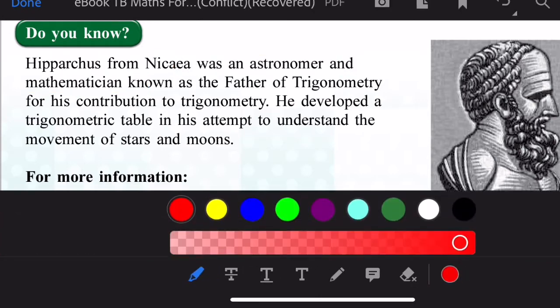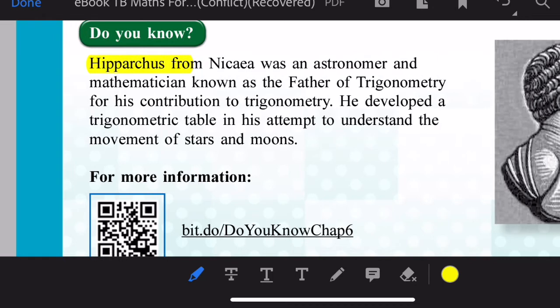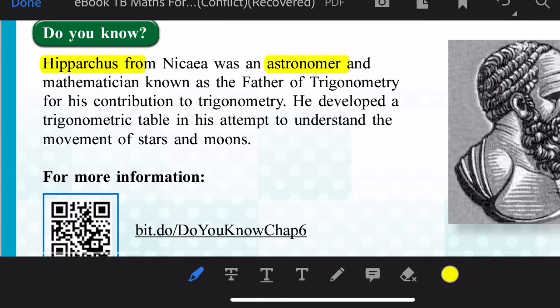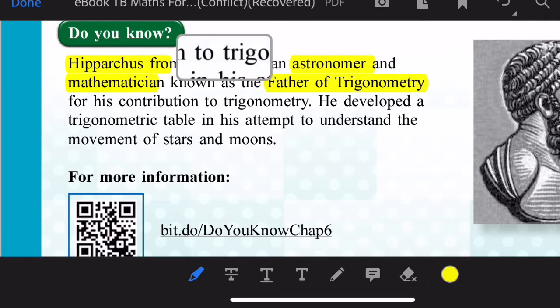He was an astronomer and mathematician, known as the father of trigonometry for his contribution to trigonometry.